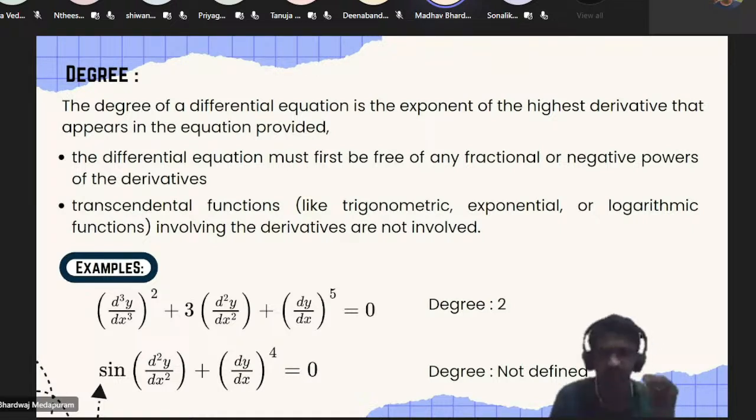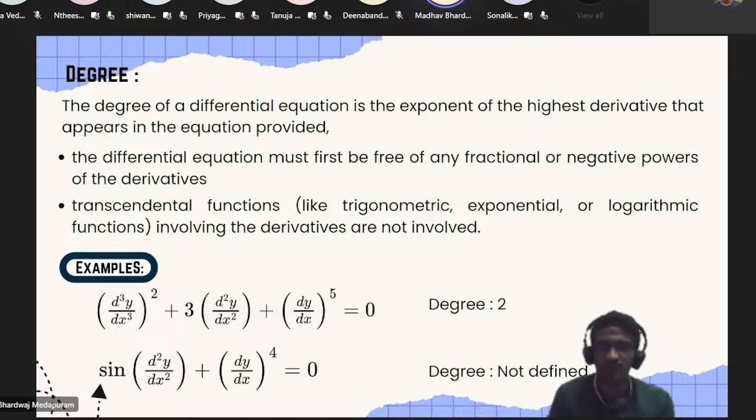You can argue that the degree is 3 here. This is the drawback of the definition of degree. Most modern textbooks don't even define degree, but we still use the term because it helps us classify the differential equation, and it also helps to understand the nature of solutions. Degree is more useful in terms of linear differential equations, which we will see in some time.